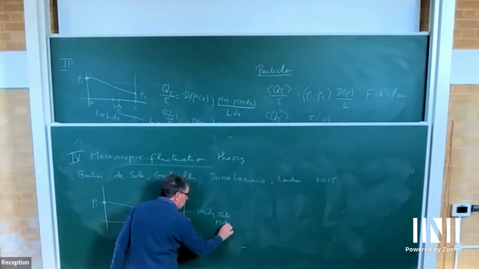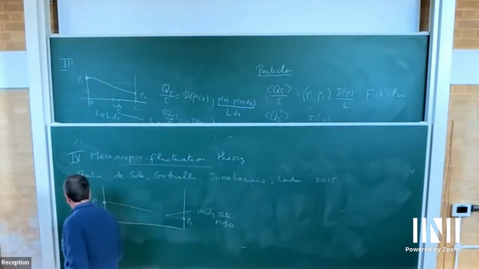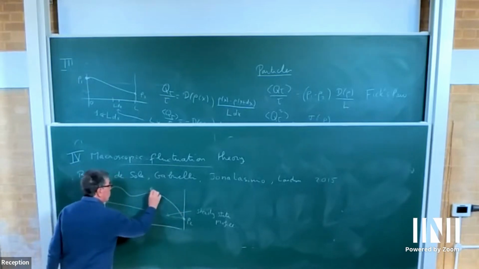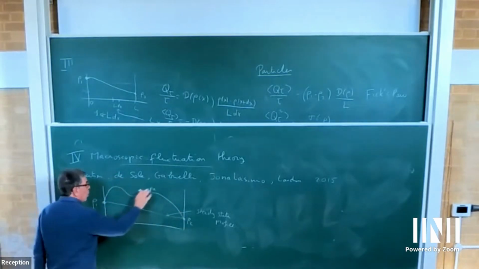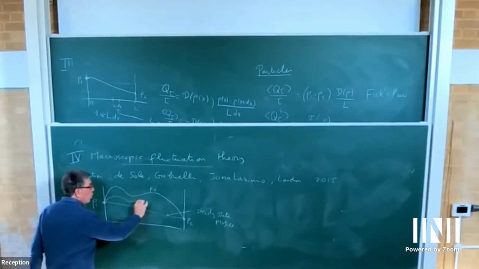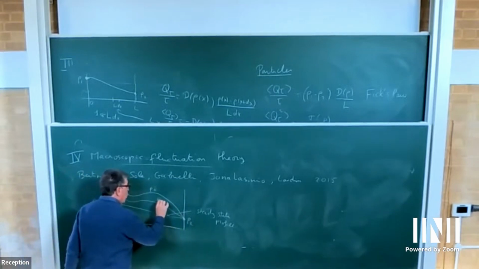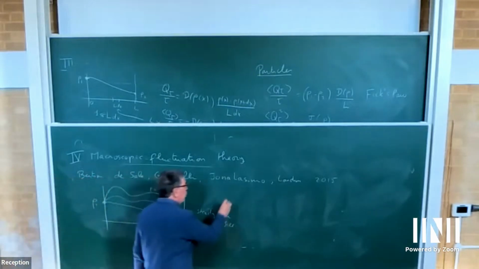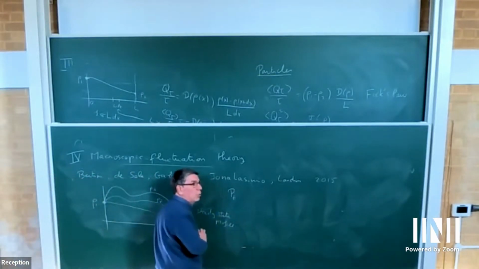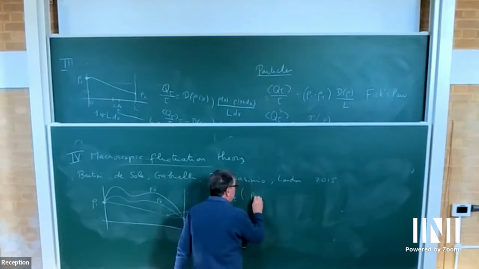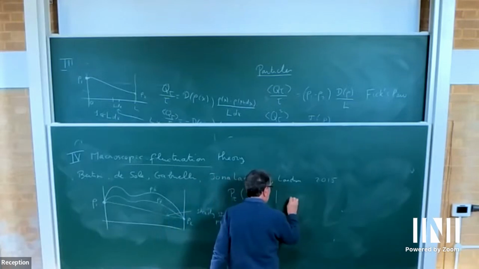Okay. Now I can ask, I say for a profile ρ_A, so an initial condition, and then I say there is another profile ρ_final, and I would like to know what is the probability that during time t or time tau, I observe the final profile, given that at time 0, I have the initial profile.